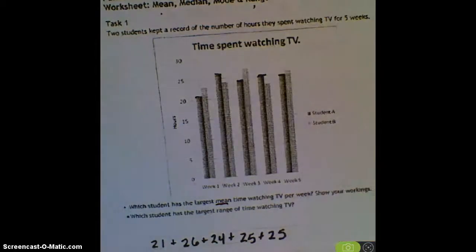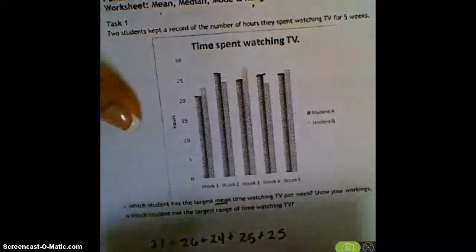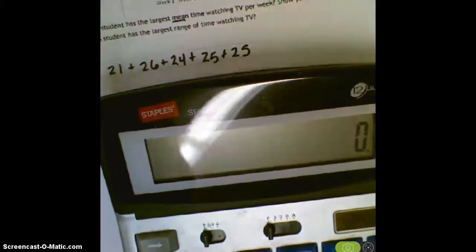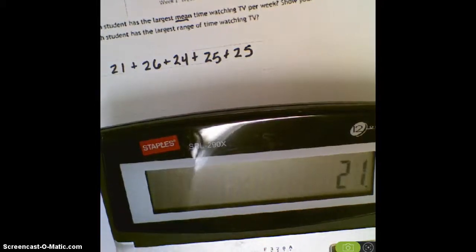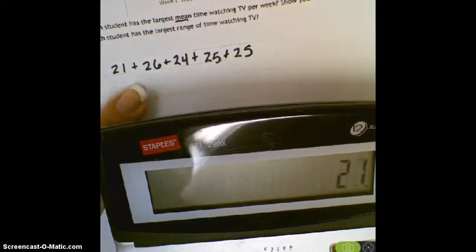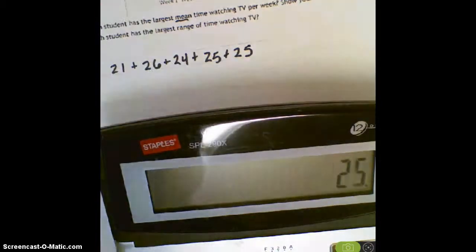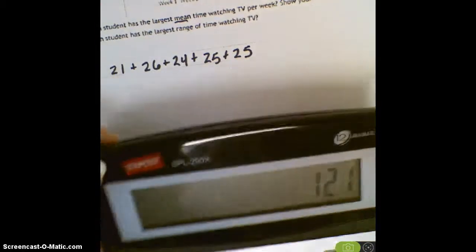So we need to add all of those up. Get your calculators ready here. 21 plus 26 plus 24 plus 25 plus 25, I did 5 of them, equals 121.